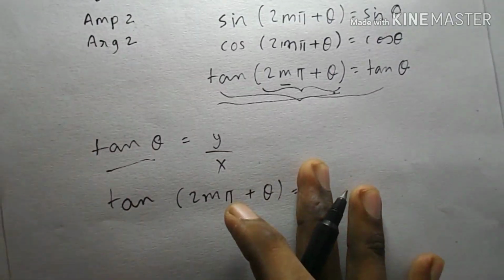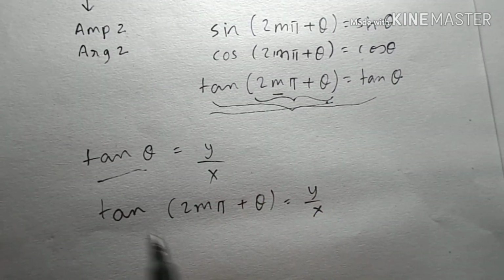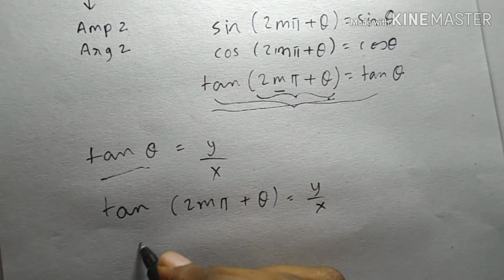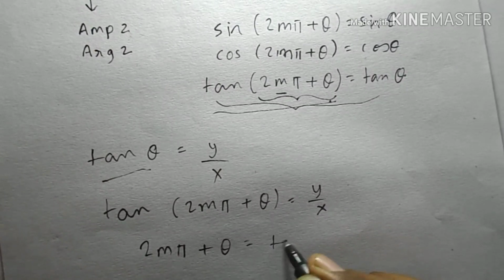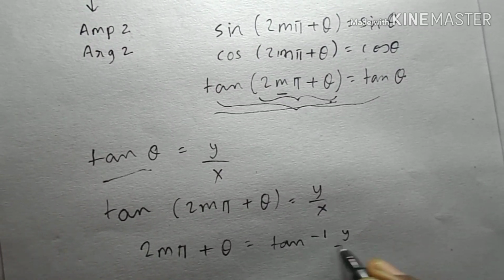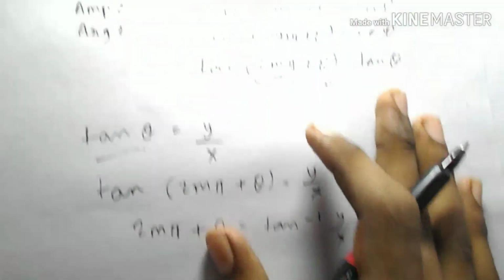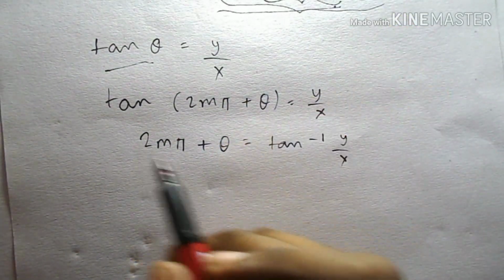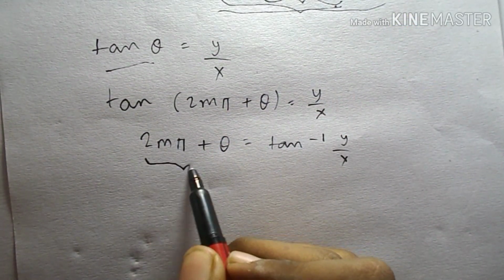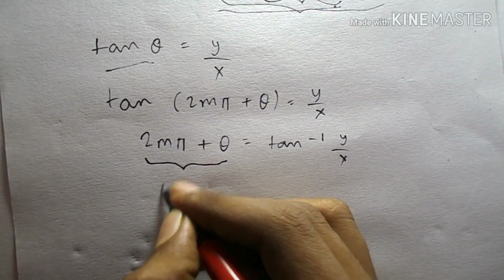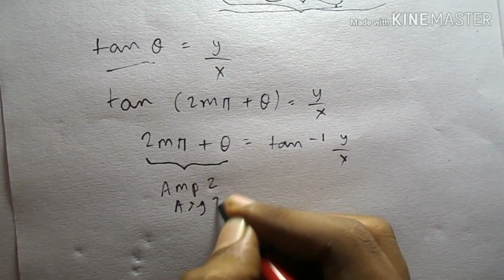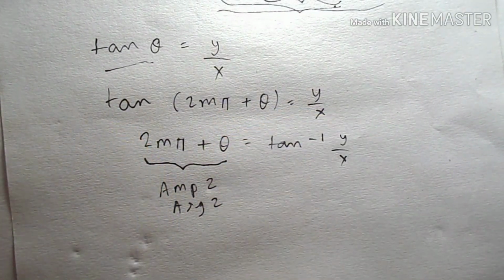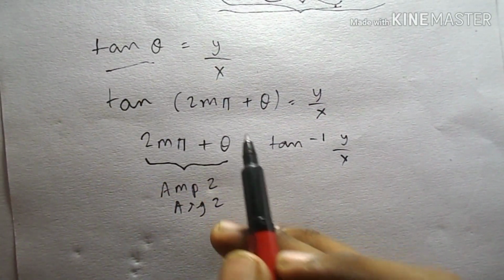If that is true, then we can write 2nπ plus theta is equal to the inverse tangent of y by x. In this case, this whole angle 2nπ plus theta is called the amplitude of z or the argument of z.